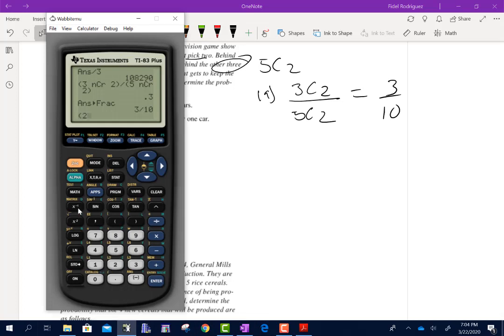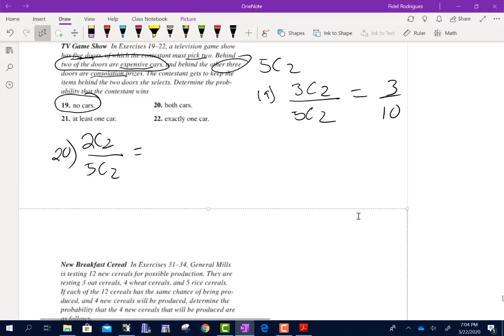So 2, choose 2 divided by 5, choose 2. That should be 1/10, right? There we go. Okay, 1/10. Okay.